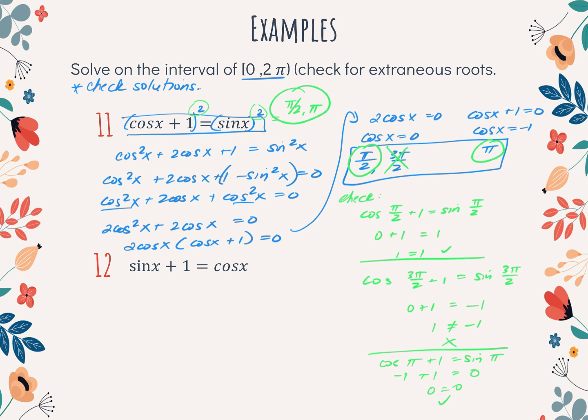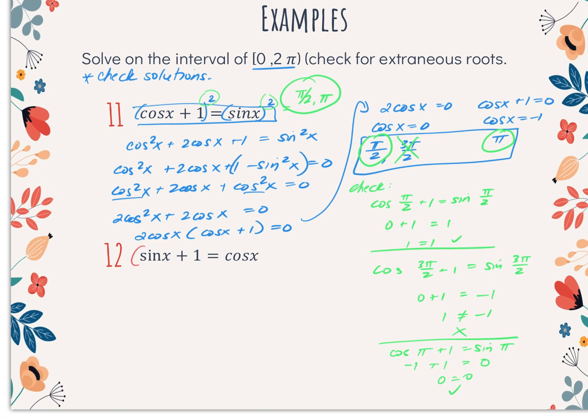Okay? Again, I come to this next problem, and after I work on it for a little bit, I realize I move it over, it doesn't really help me, and I know, okay, this is one I have to square. So again, I'm going to get sine squared x plus 2 sine of x plus 1 equals cosine squared x. I'll move it over, sine squared x plus 2 sine x, you'll see the pattern, plus 1 minus cosine squared x.